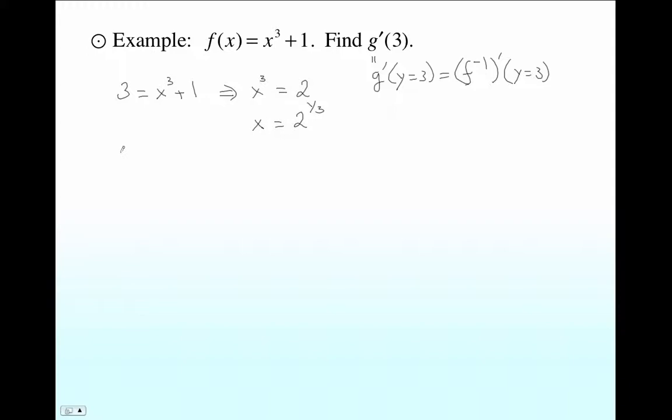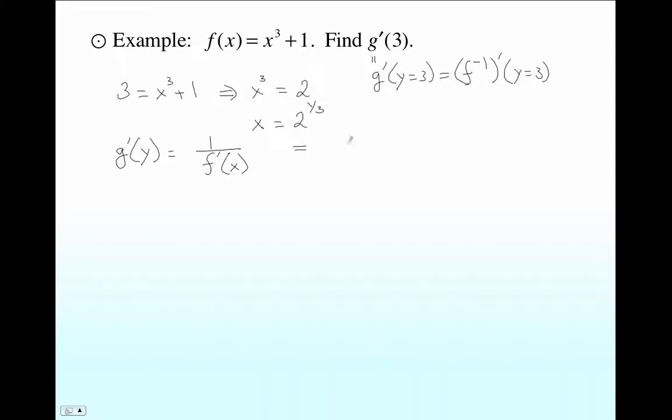Now, let's use the theorem that we just derived, which said that g prime at any value of y is 1 over the derivative of f at the point x. So let's remember that x is that point at which y has to have value 3.